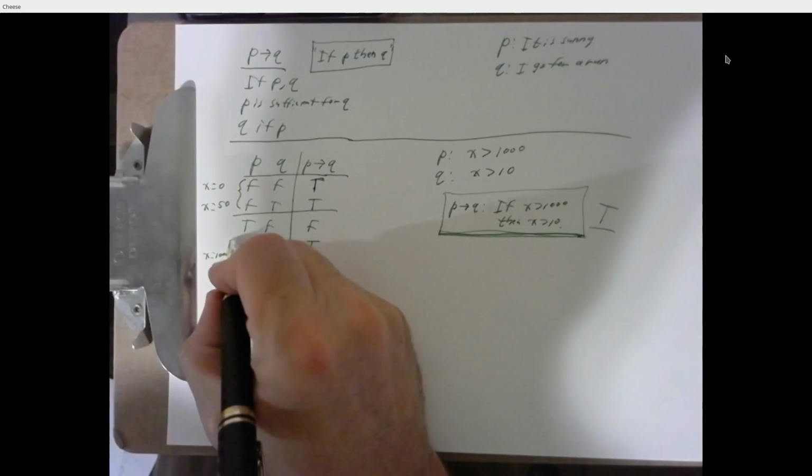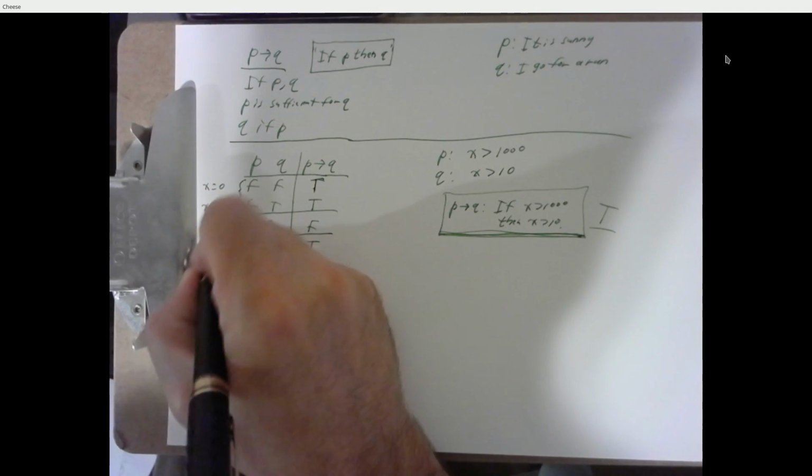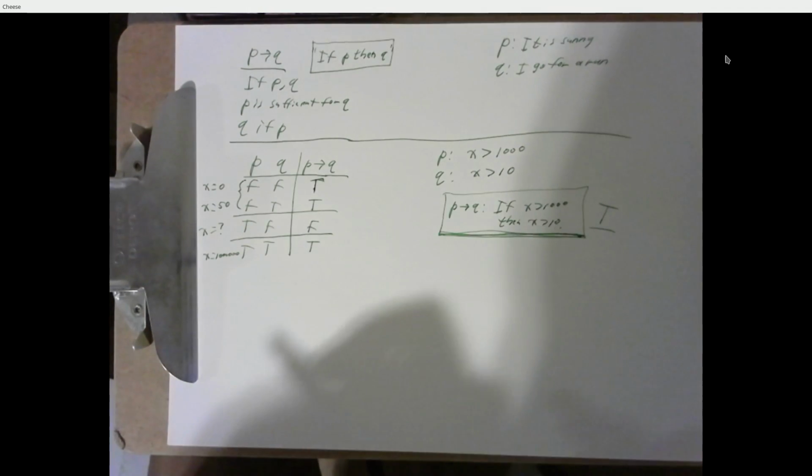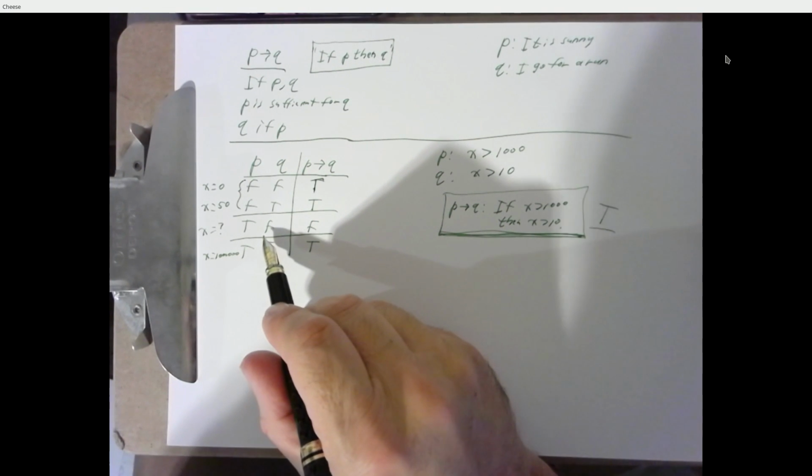Now what's missing in our analysis is this third row. I cannot find a value of x where P is true and Q is false.